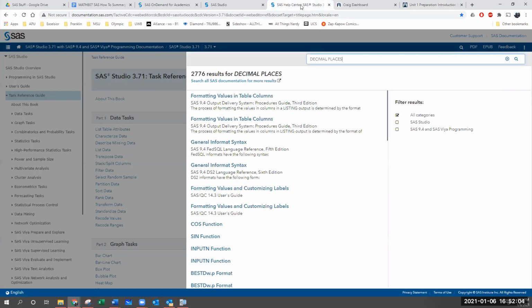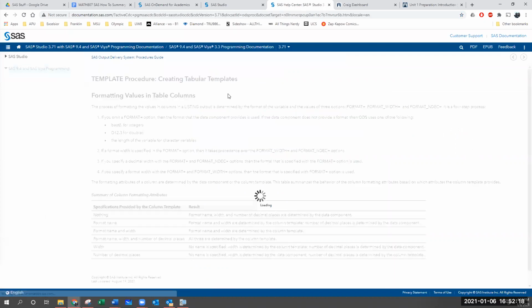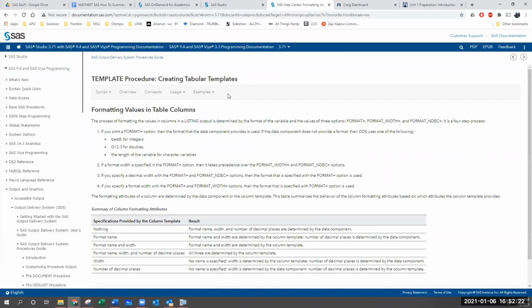But you can just Google search for it. So here you go, formatting values in table columns, general informat syntax. I'm sure one of these will show you how to do it, and I know it can be done. I remember doing it before, changing that.